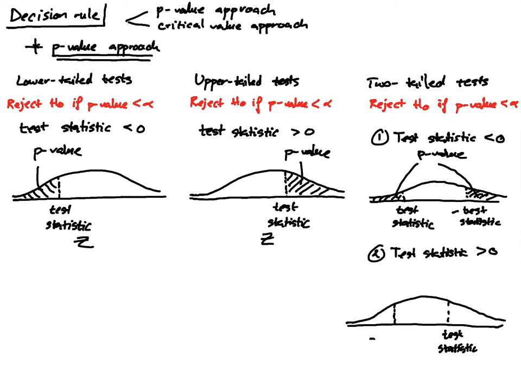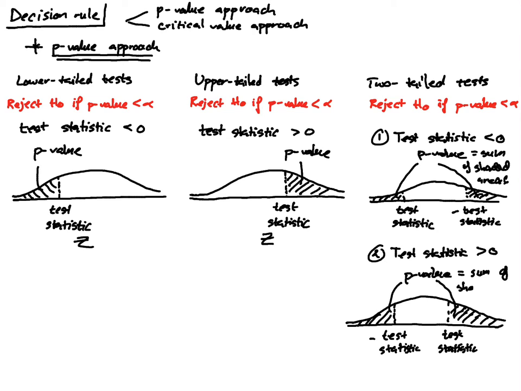So the negative version is going to be on this side. Then the p-value is going to be the sum of the two outside areas. Sum of shaded areas.